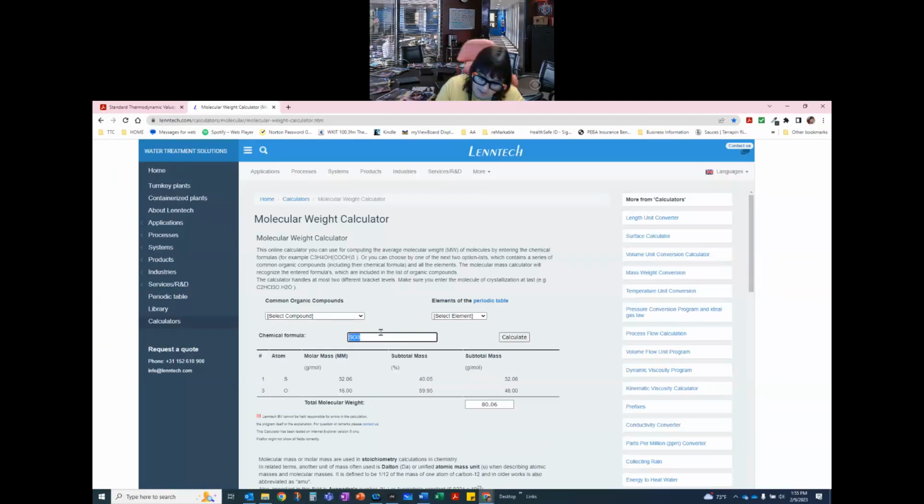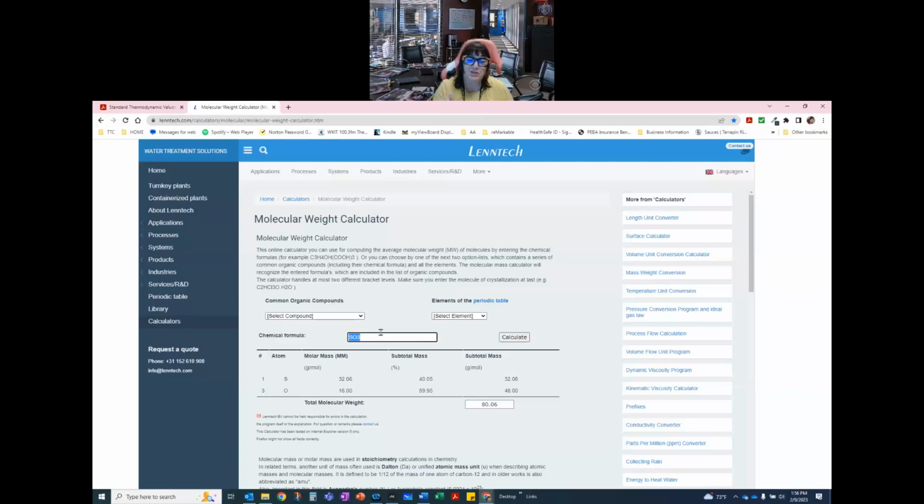SO3 is 80.06 grams per mole. And I know that this is negative 198.2 kilojoules for 2 moles of SO3. So awesome.